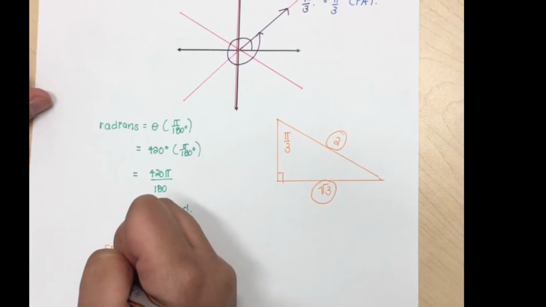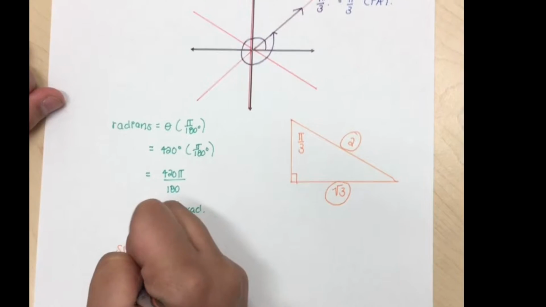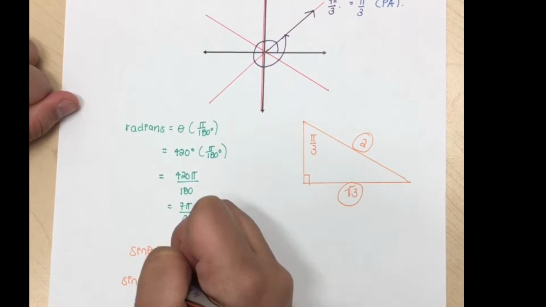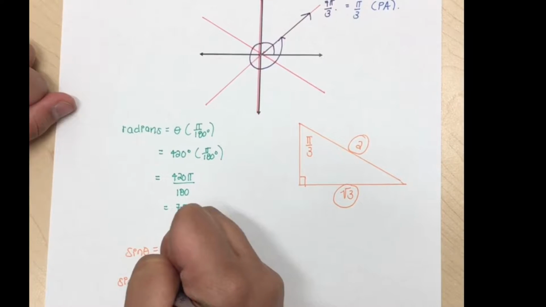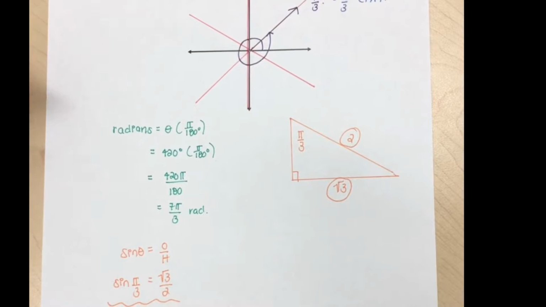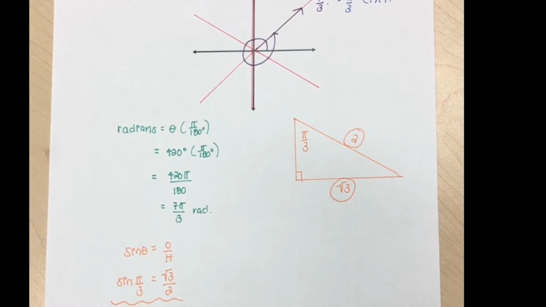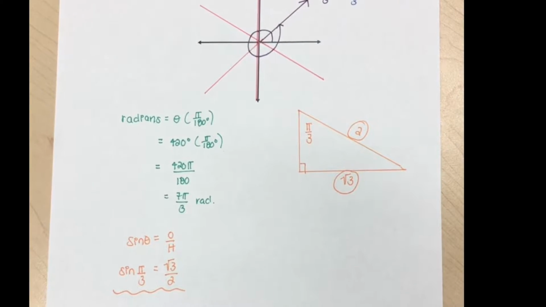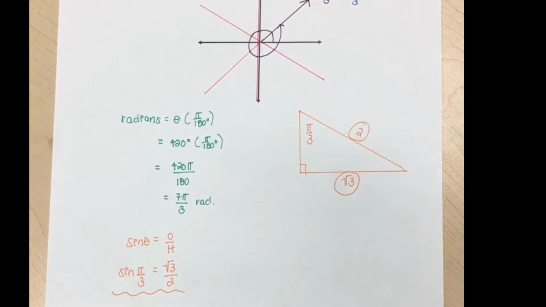Therefore, the sine of pi over 3, or 7 pi over 3, should be equal to root 3 over 2. Feel free to verify using your calculator. Now we can continue on to compound angle formulas and double angle formulas.